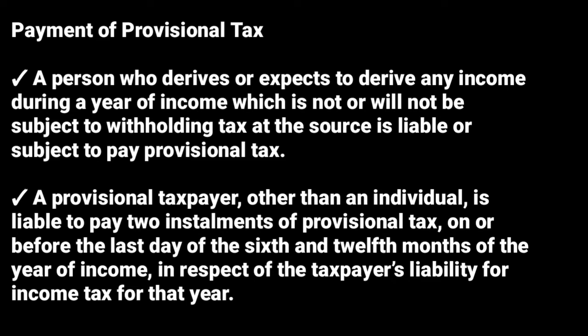So a person who is required to pay provisional tax is supposed to pay it in 2 installments: on or before the last day of the 6th month, and then on or before the end of the 12th month. So he pays after 6 months in June, and then in December, in case your year of income is from January to December.